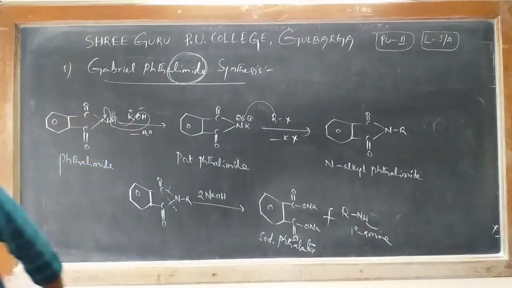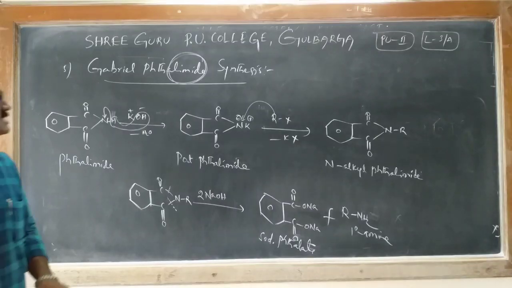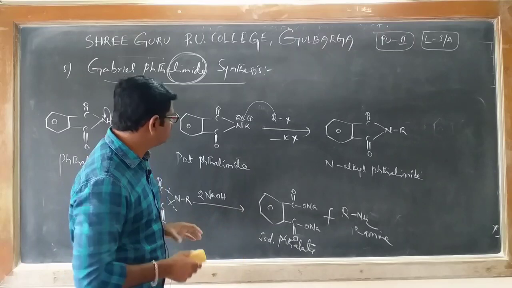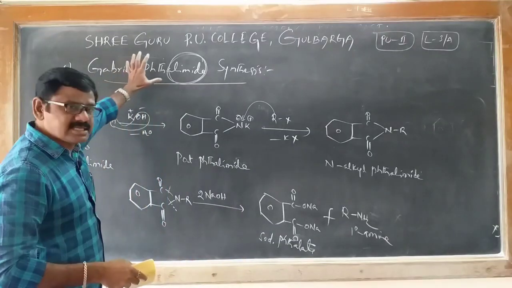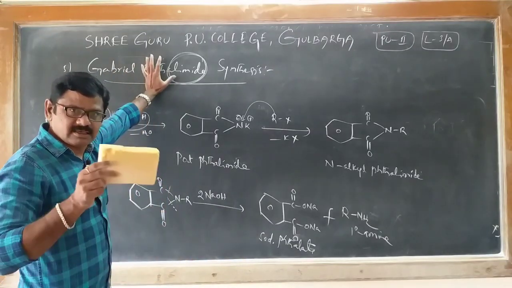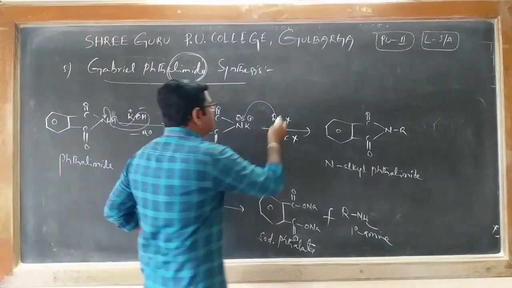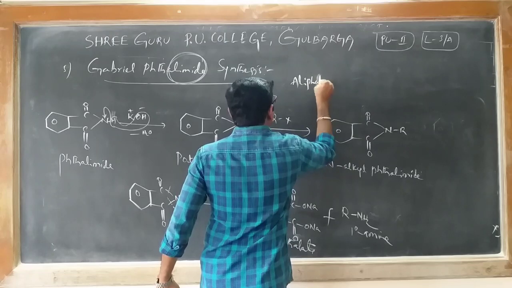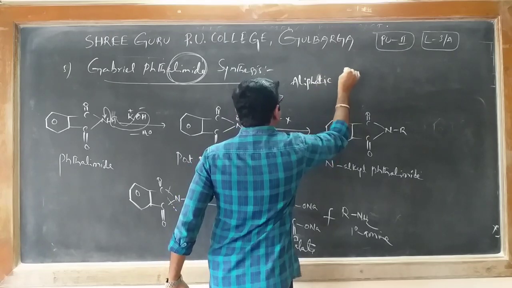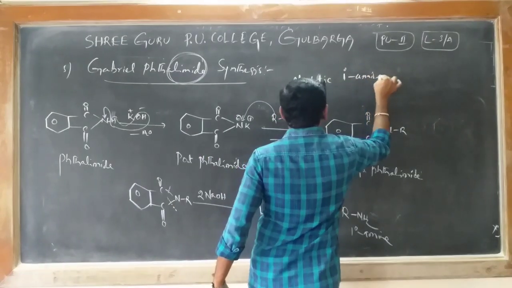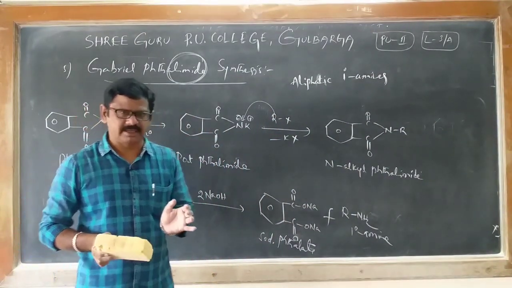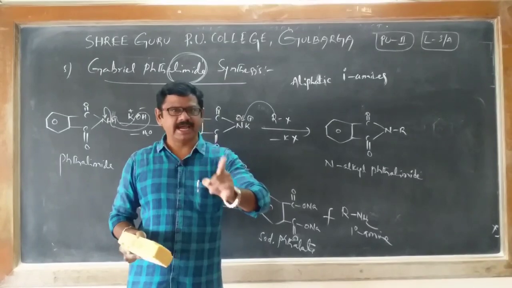Now we will discuss some important points regarding this method. One is, from this Gabriel phthalimide synthesis, exclusively aliphatic primary amines can be prepared. I'll repeat: with this method, we can prepare exclusively aliphatic primary amines.